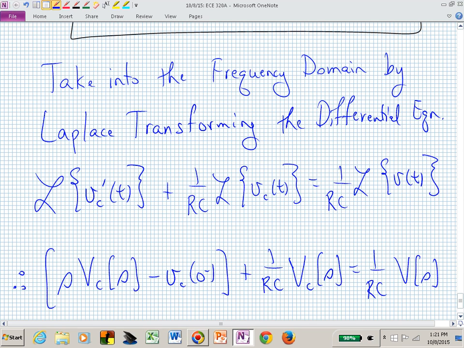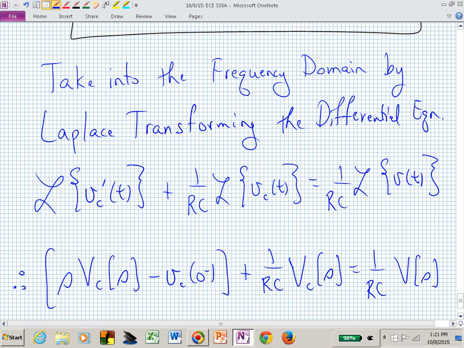But here we are simply saying, I don't know what the capital V sub c of s or little v sub c of t is, but it's not differentiated. I know that if I Laplace transform it, I just get the capital V sub c of s, and I now am going to try to find a formula that involves capital V sub c of s.